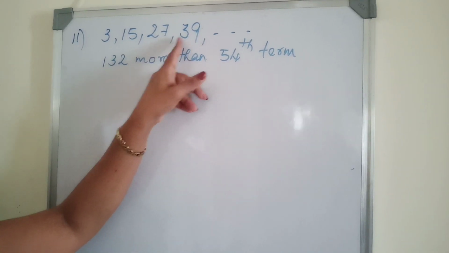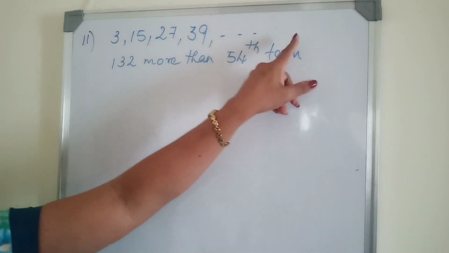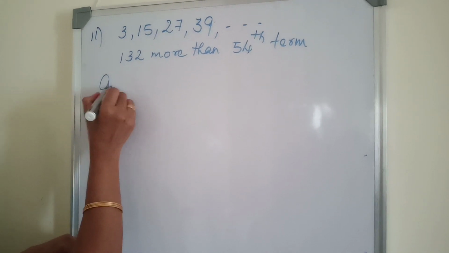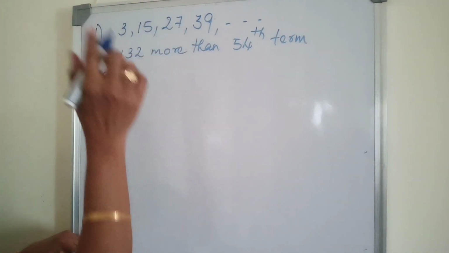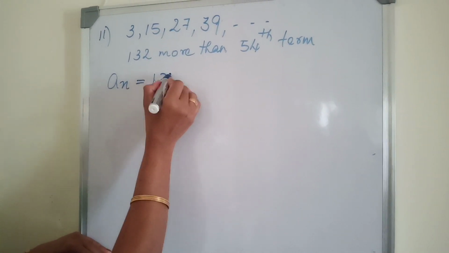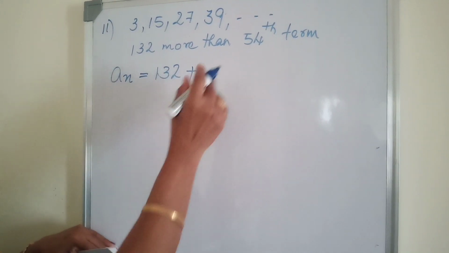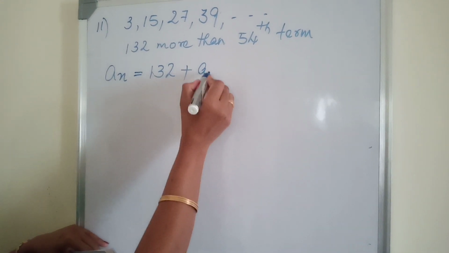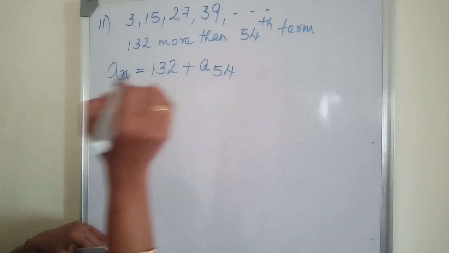Which term means it can be the 20th term or 25th term. So the term will be denoted by an. So which term of this AP equals 132 more. More means plus sign than 54th term. 54th term will be denoted by A54.